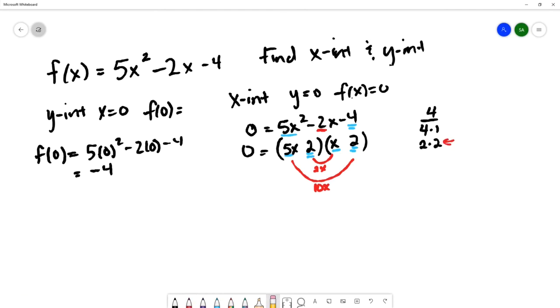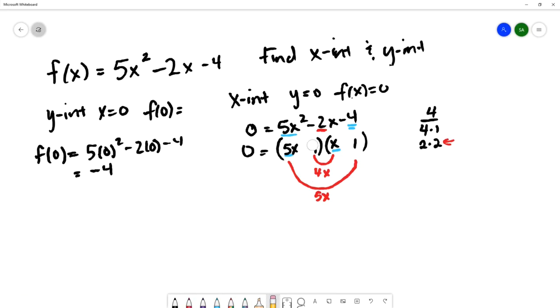So let's try the other pair with 4 and 1. We're going to multiply the inside and the outside. That gives 4x and 5x. If I add those together, it gives me 9. If I subtract them, it gives me 1, and neither one of those is the right middle number.